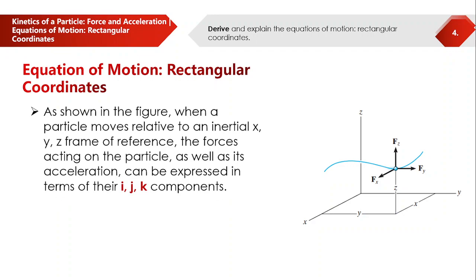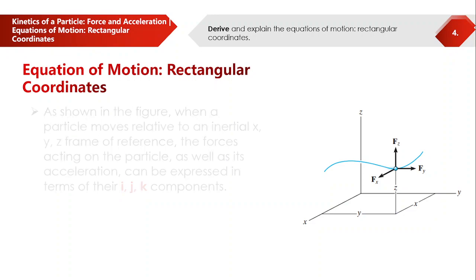As shown in the figure, when a particle moves relative to an inertial x, y, z frame of reference, the forces acting on a particle as well as its acceleration can be expressed in terms of their i, j, k components. Basta, if we are going to deal with rectangular coordinates, automatically mag-expect na kayo na mayroong mga i, j, k components.